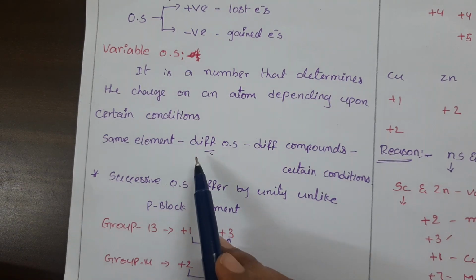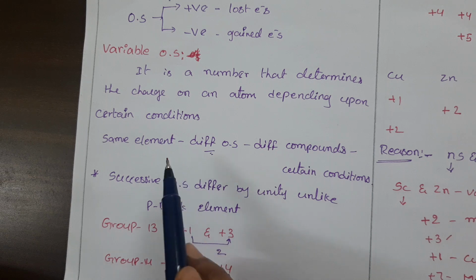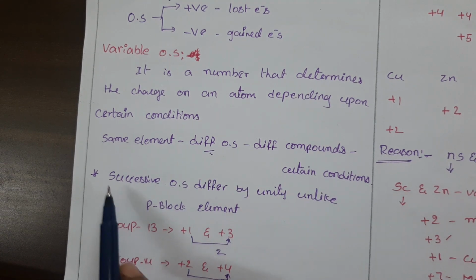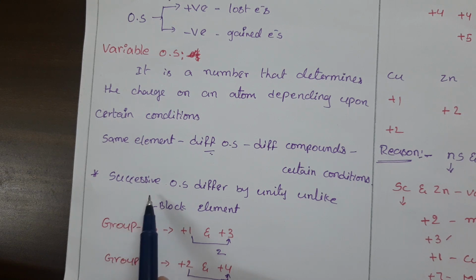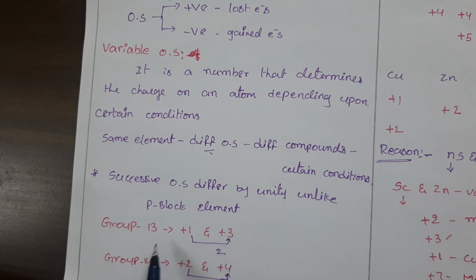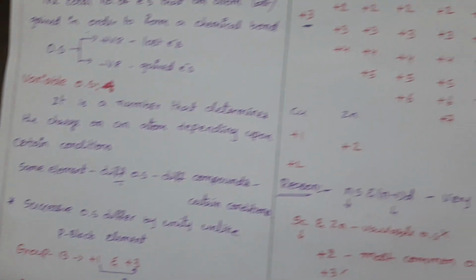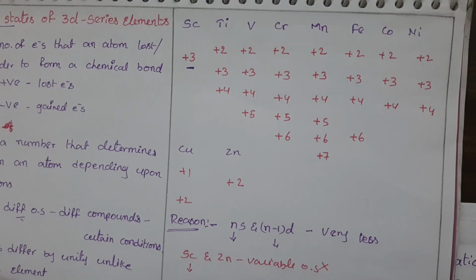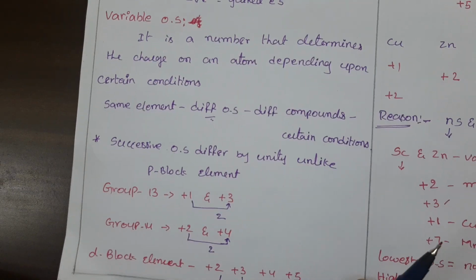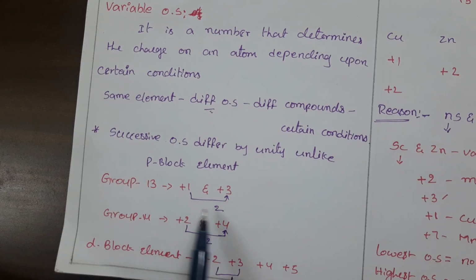This property is not shown by the S and P block elements. Also, the D block elements show successive oxidation states differing by unity, unlike P block elements. When we observe the difference between two successive oxidation states, it is only one, whereas in the P block elements the difference between two successive oxidation states is 2.